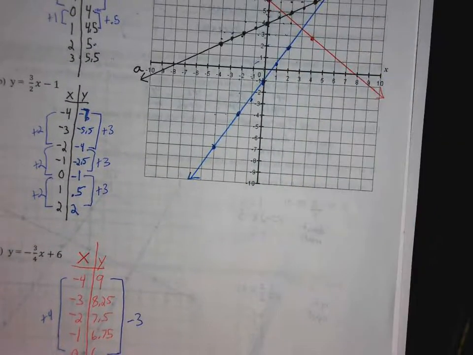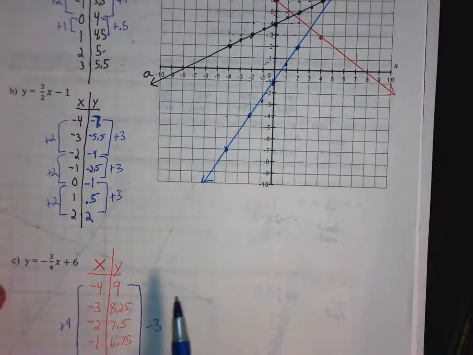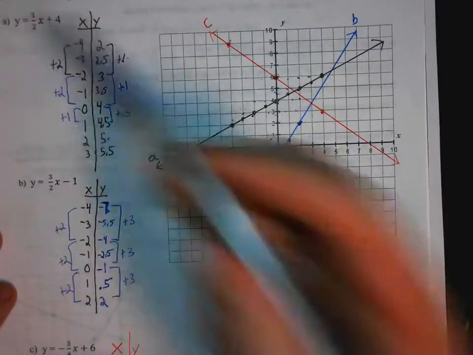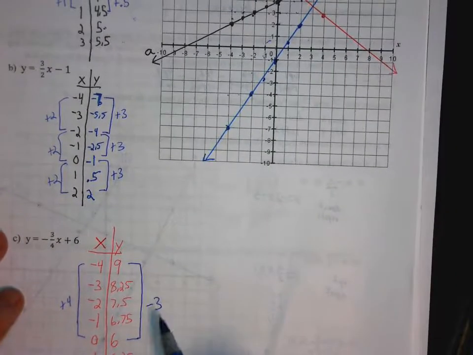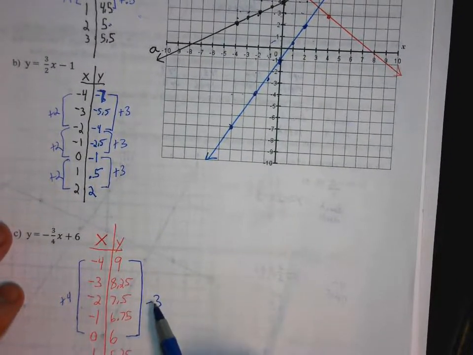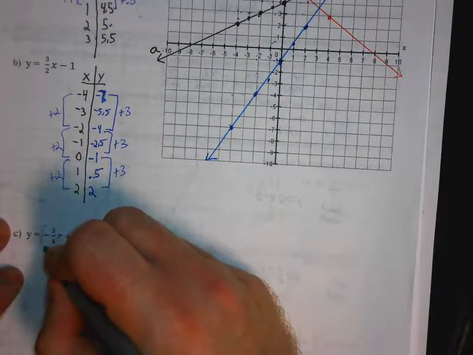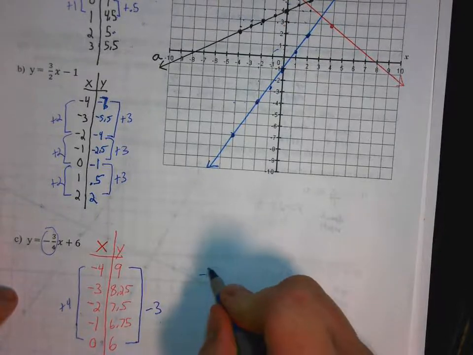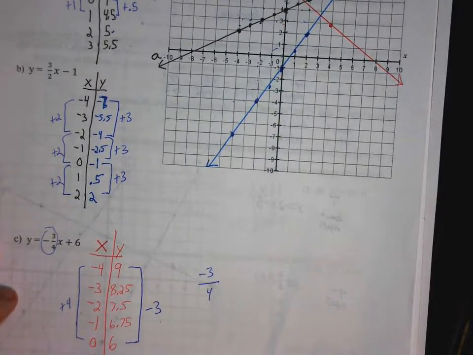And what you might notice is in the equations for those, that pattern tells us the coefficient of x. So in that last example, the -3/4, the y value went down by 3 whenever x went up by 4. Notice that's what -3/4 is, -3 divided by 4.